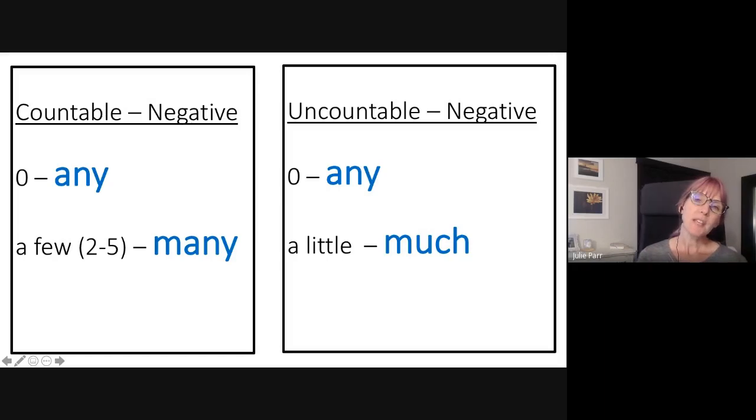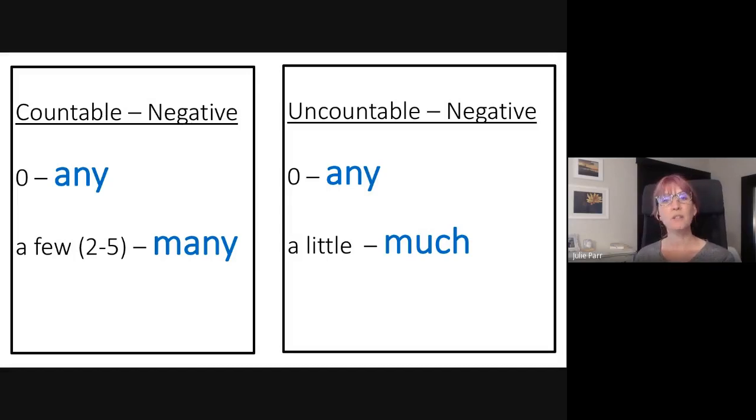If I'm using a countable noun, and there are a few, 1 apple, 2 apples, I would say I don't have many apples. The word many goes with countable nouns. If the noun is uncountable and there's a little milk, a little coffee, I say much.